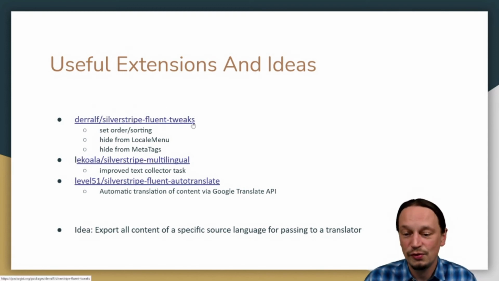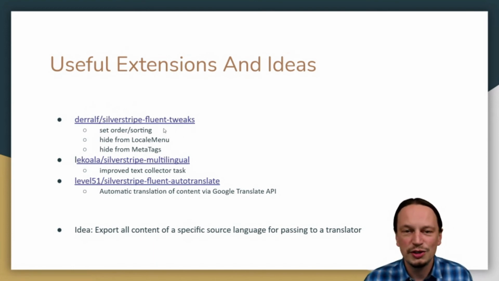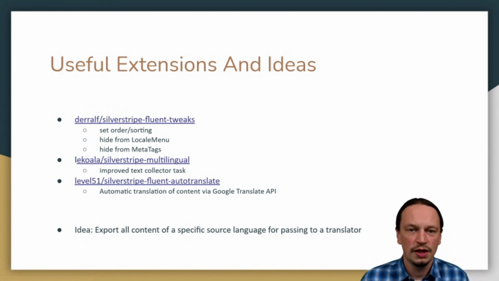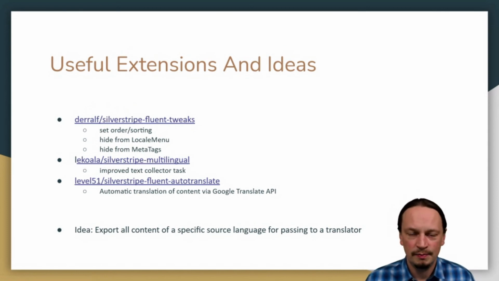It's Silverstripe Fluent Tweaks. And it just adds some very simple but very useful stuff to Fluent. So you can order and sort the locales. You can hide them from the locale menu, and you can also hide them from the meta tags. So when you are working on an unpublished locale on a live site, that's pretty handy.